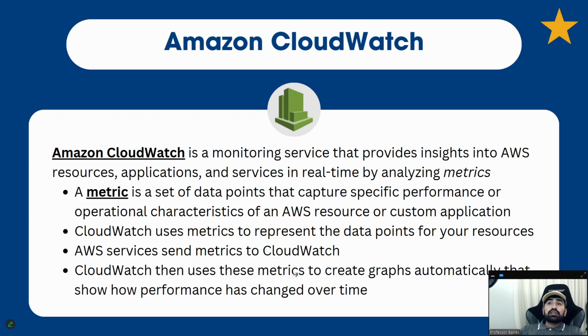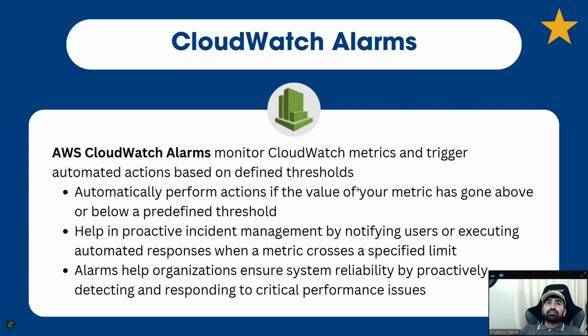CloudWatch can use those metrics to create graphs that automatically show how performance has changed over time. So on an EC2 instance, for example, if you enable those detailed metrics, you can see how much CPU it uses in the last hour, last 3 hours, last 12 days, last month, etc. You can see how your services have been performing.